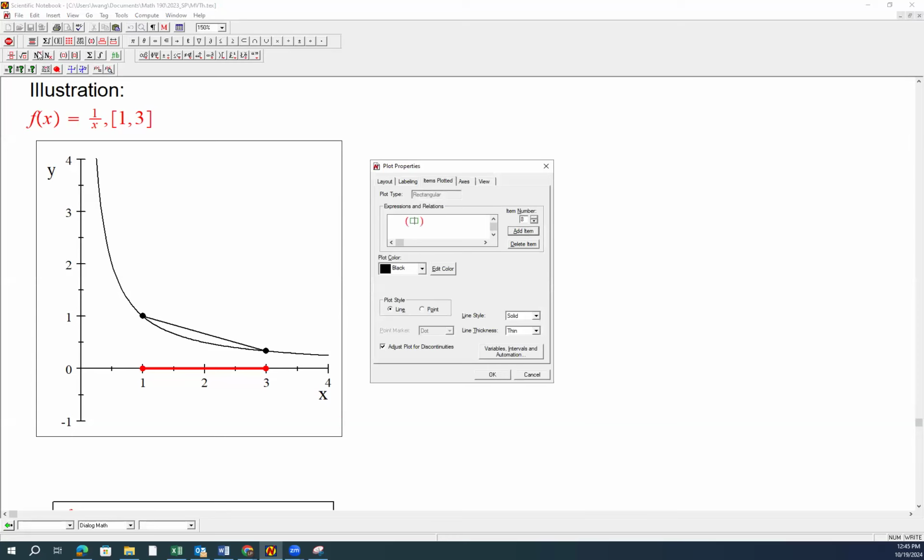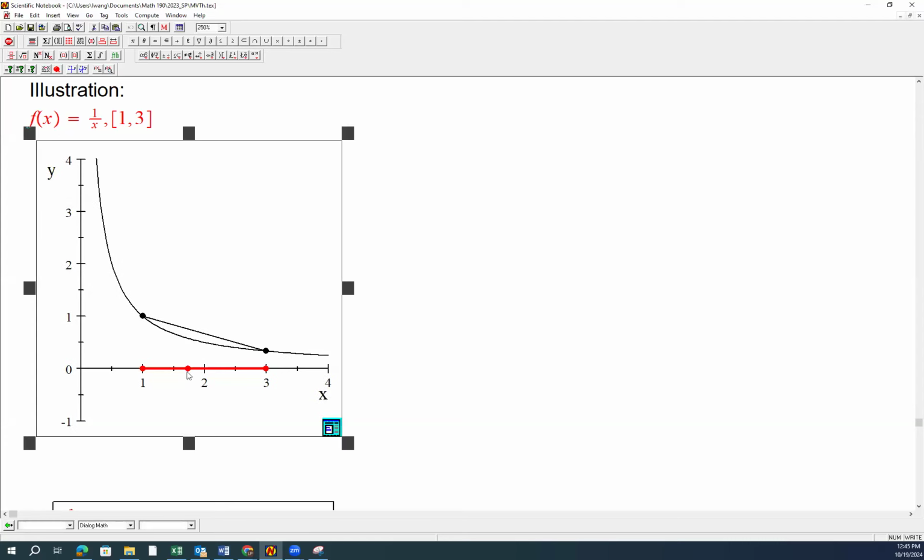Right? C is √3. At this point, this is C, okay, this is C.